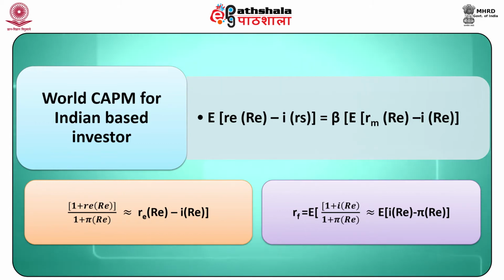Similarly, the interest rate is the 1 month T-bill rate. Therefore, by definition, 1 plus RE in rupees divided by 1 plus pi in rupees is equal to RE in rupees minus I, and RF is equal to E of 1 plus I in rupees divided by 1 plus pi in rupees, which is again approximately equal to E of I in rupees minus pi in rupees.